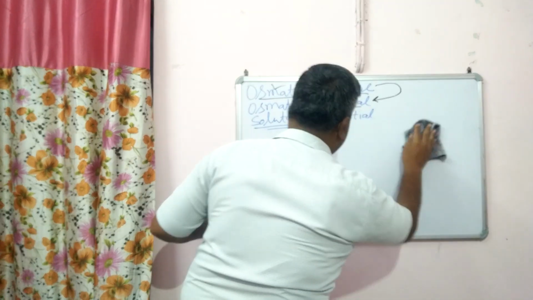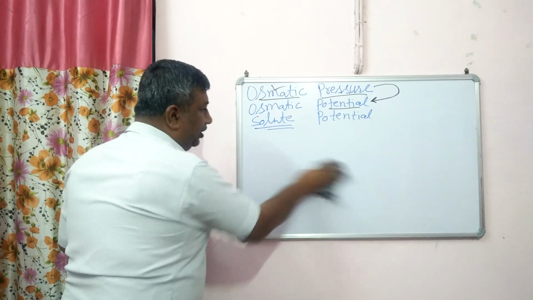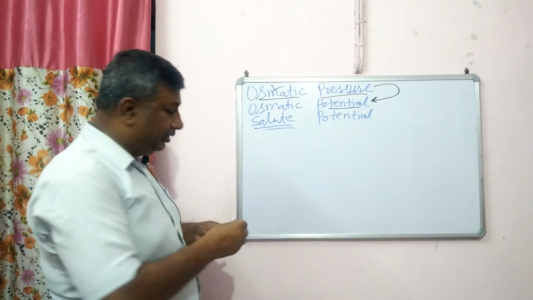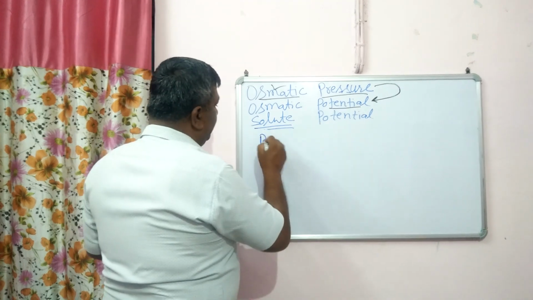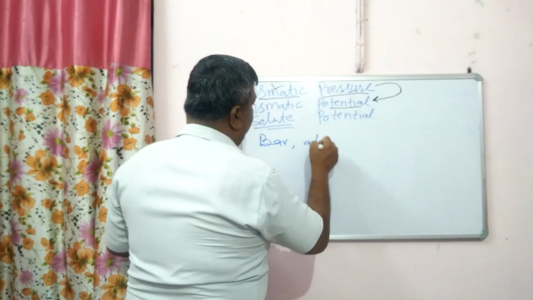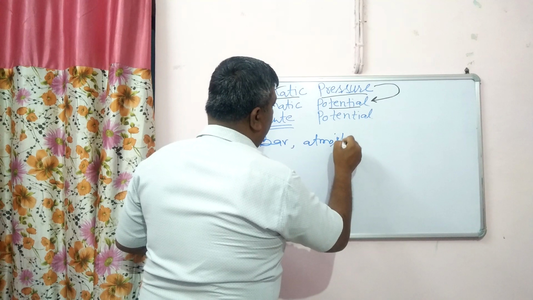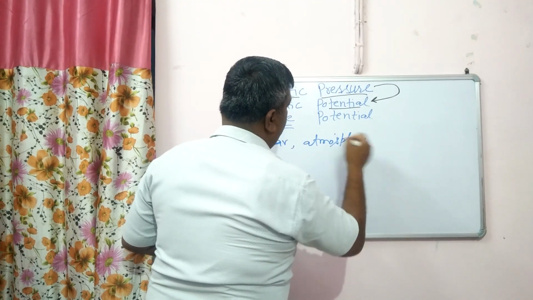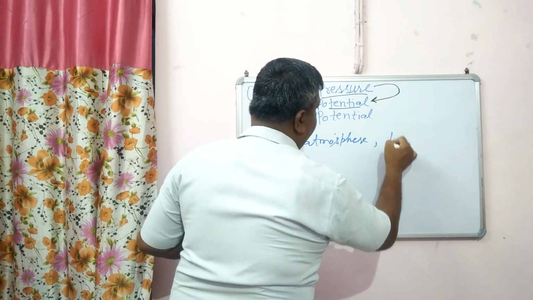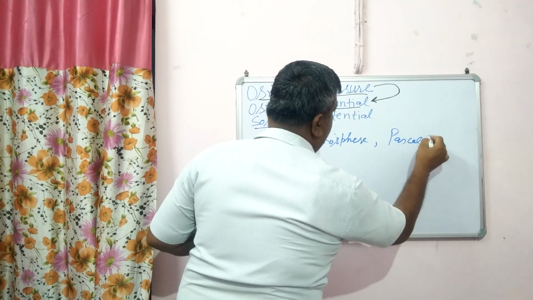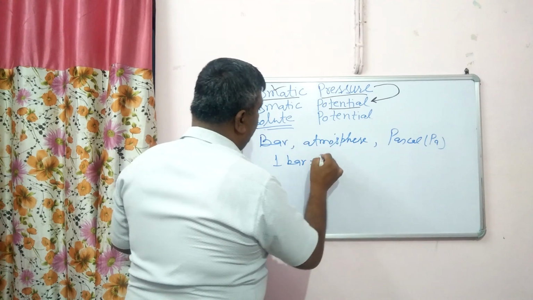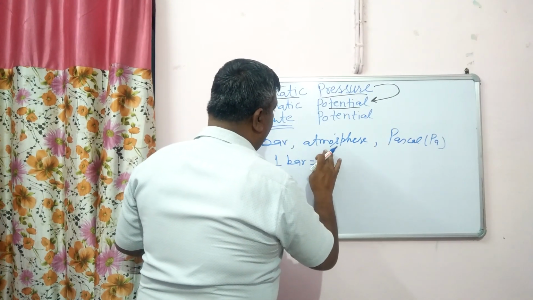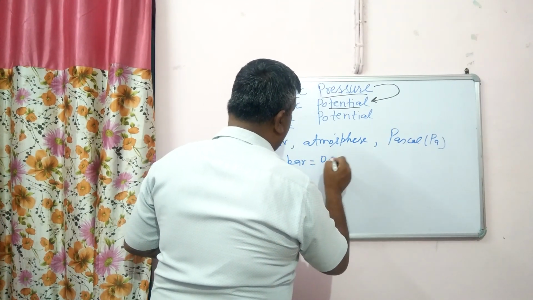Now what is the unit of the potential? The unit of the potential, whether it is osmotic potential, matric potential, or total water potential, is bar or atmospheric pressure, or Pascal, that is Pa. The relationship is that 1 bar is equal to 0.987 atmosphere.